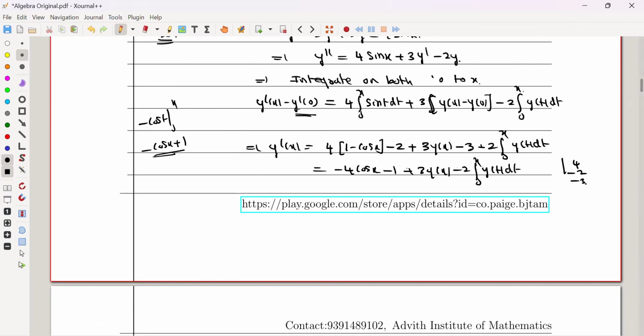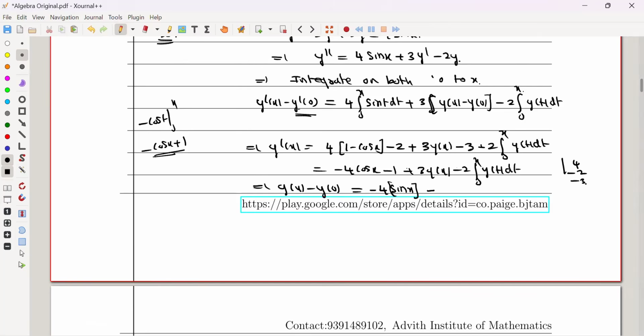So again integrate on both sides, then you will get y of x minus y of 0 equal to integration of cos x is sin x, right? So minus 4 sin x and minus sin 0, sir. Sin 0 is 0, about sin x.